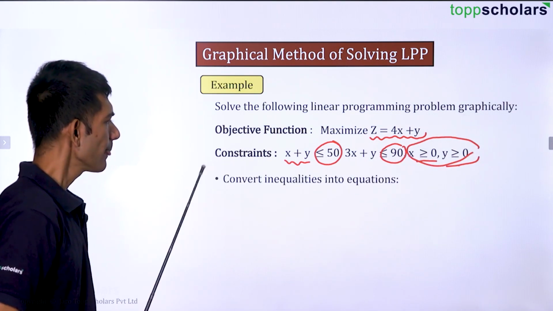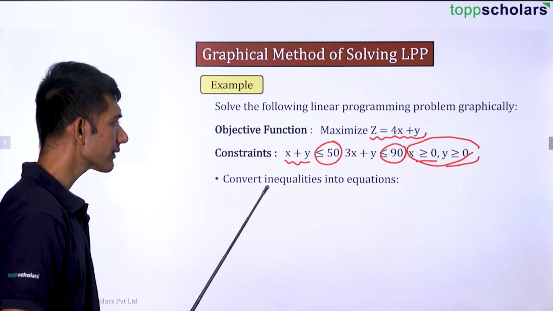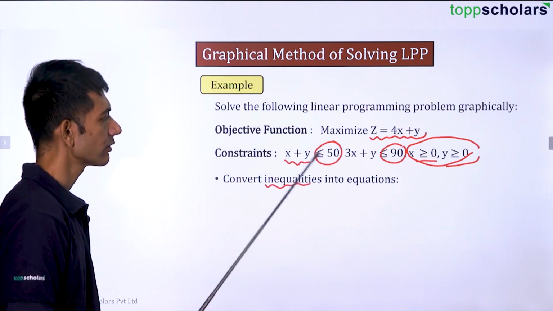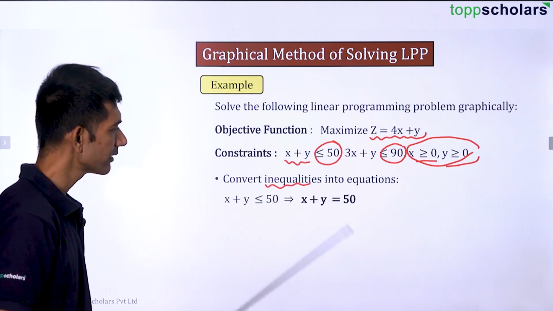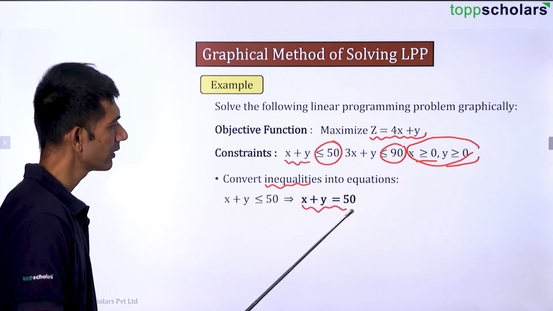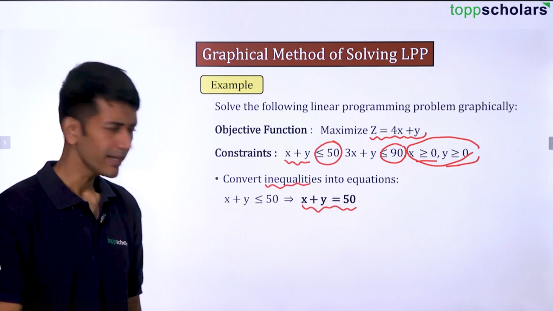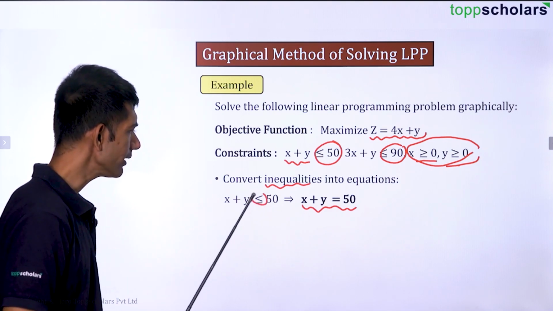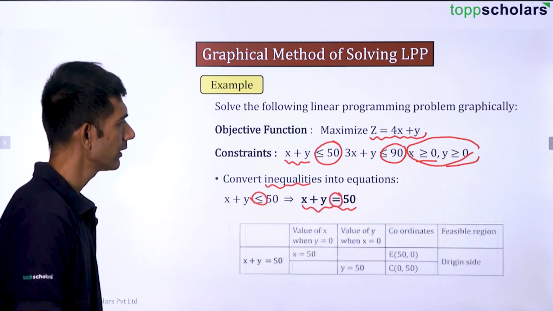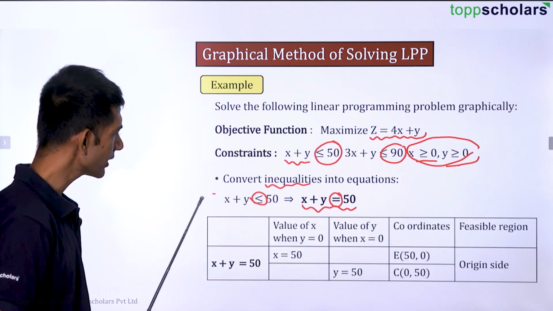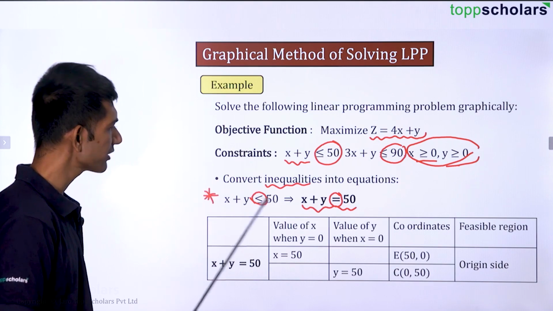Now what we will do is we'll convert these inequalities into equations. Firstly, we have x plus y less than equal to 50. Can I write this as x plus y is equal to 50? Correct? From inequality, we went to equality. Here, let us draw the graph of x plus y equal to 50.